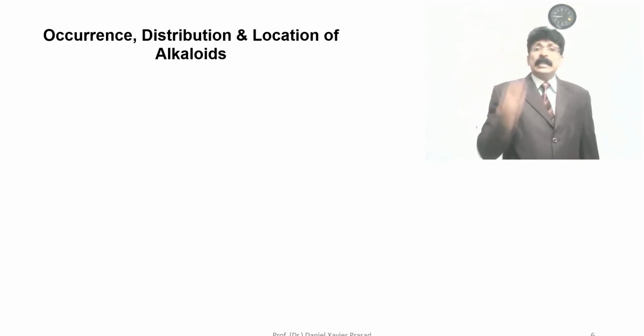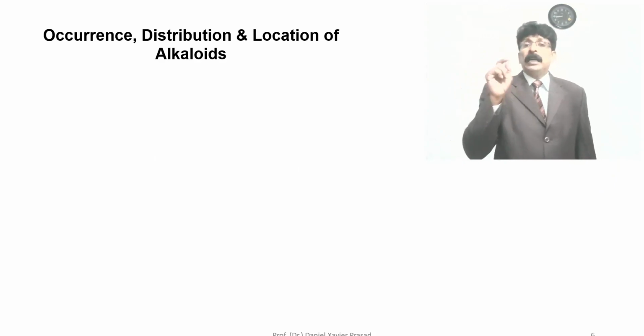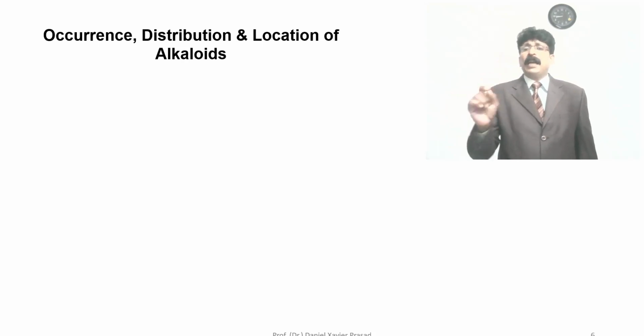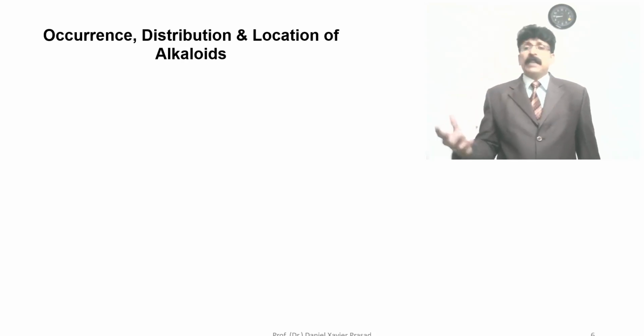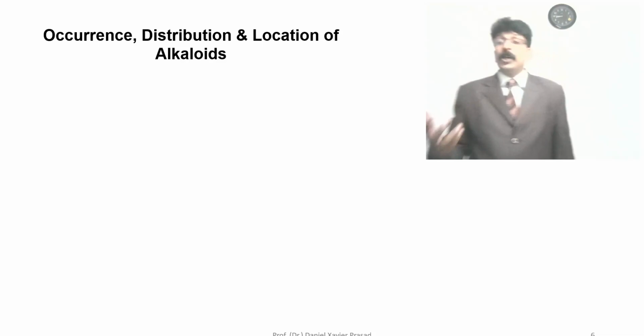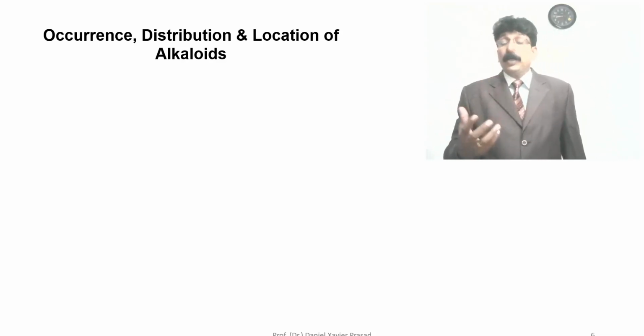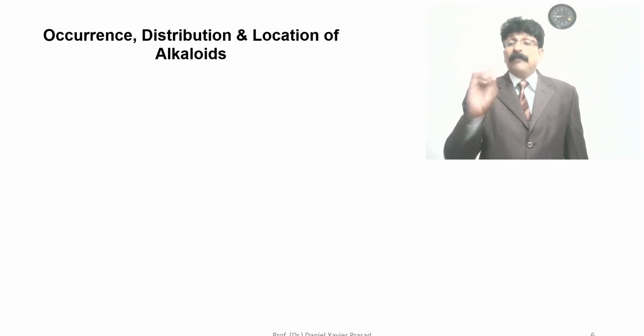Occurrence and distribution, location of the alkaloids in the plant: I made this slide because in some plants the whole plant contains alkaloids, and sometimes it occurs in a specific part. So usually when I come to the lab, I used to say the student should first study the biological source, in such a way as to know which part of the plant has the constituent.